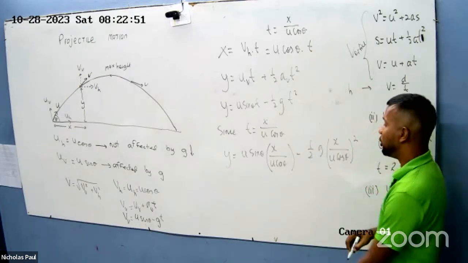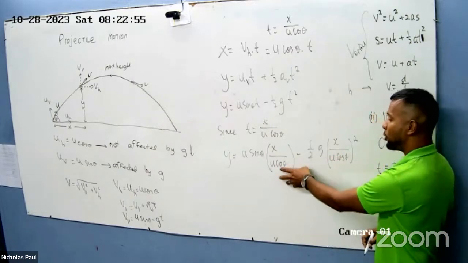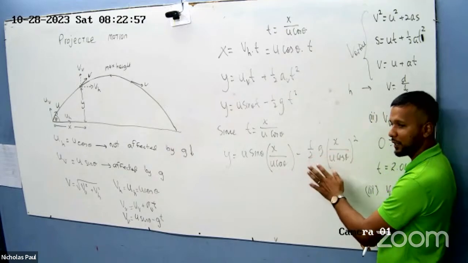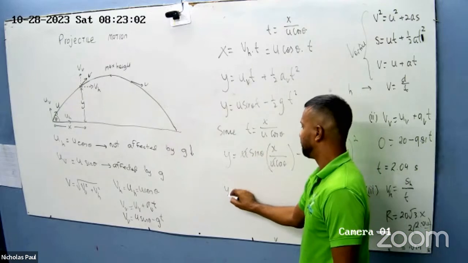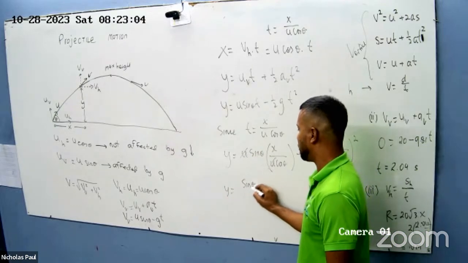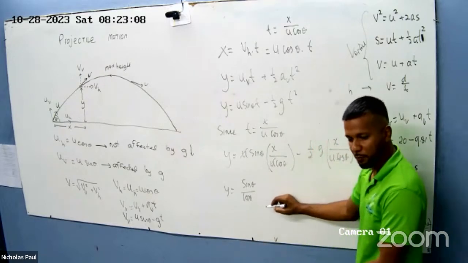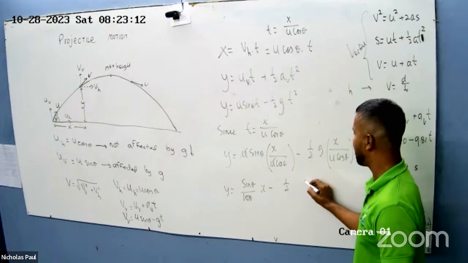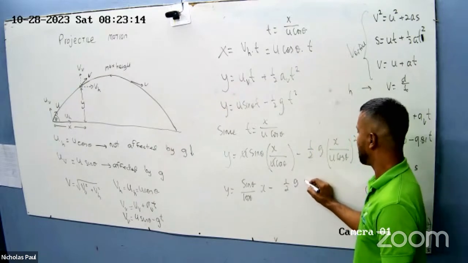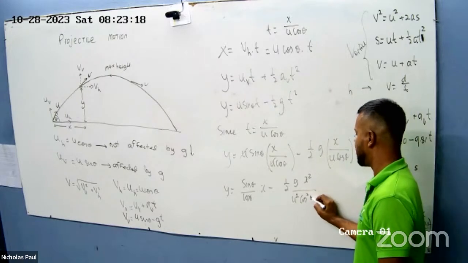Yes, you have to be able to prove it. But don't kill yourself with the second alternative. All you have to show is this: sine theta over cos theta, which is tan theta, minus a half g x squared all over u squared cos squared theta.